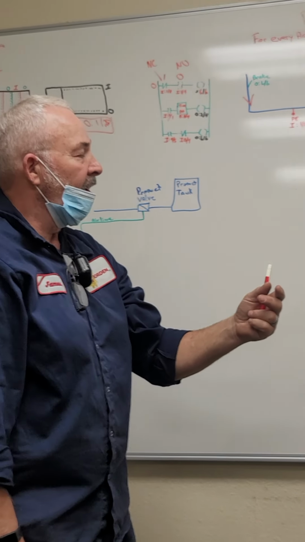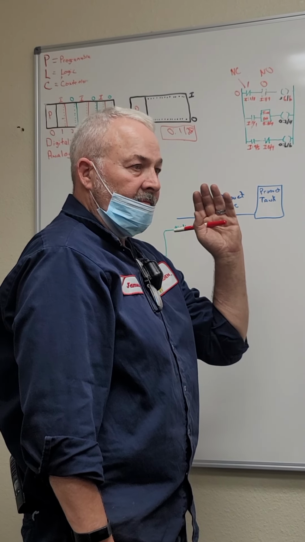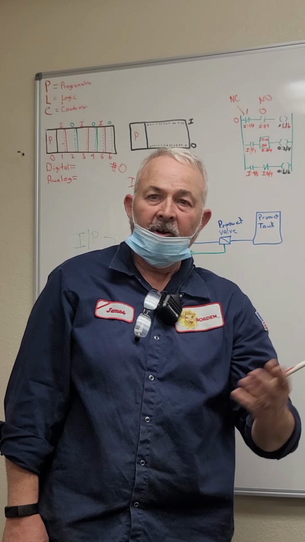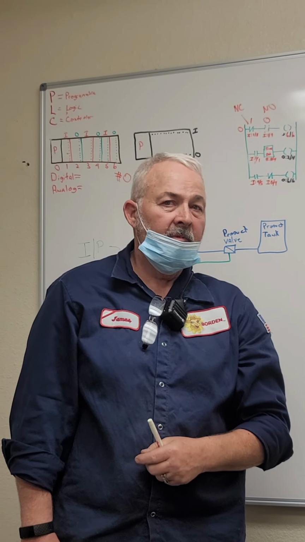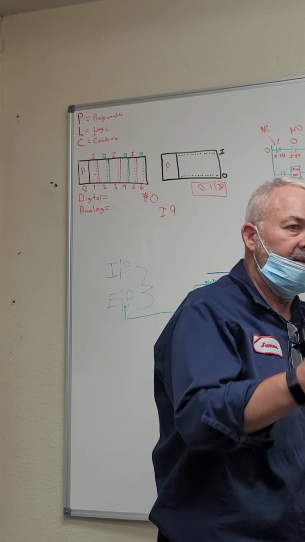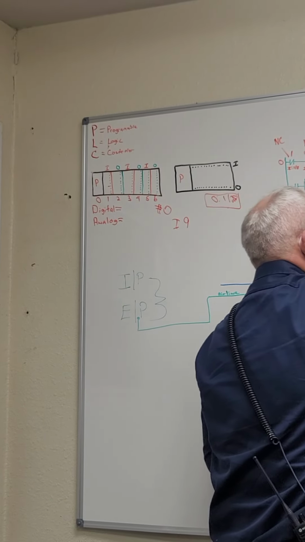Okay, let's say you're running fine and you're not filling. What will keep you from filling? The fill eye, which is going off the chain. All right, guys, there's always an action.